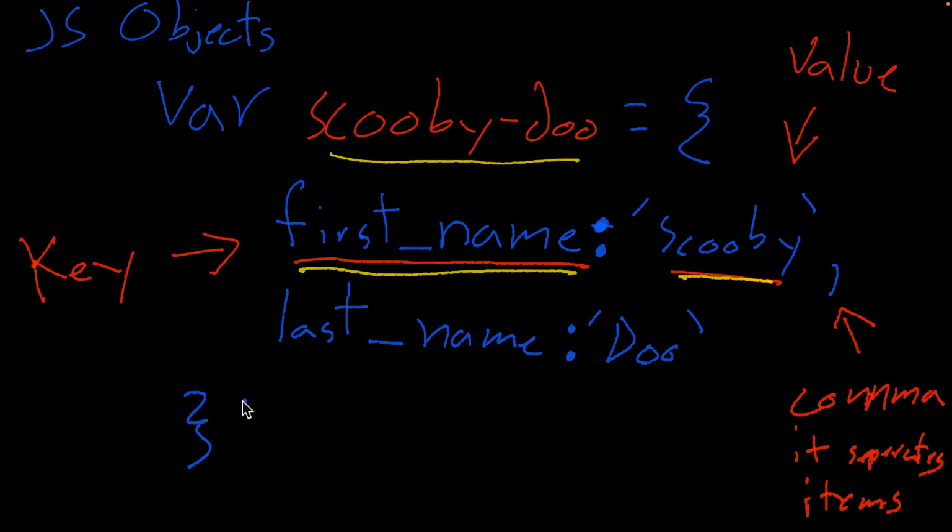After this object here, console.log. And in here, we want to access just this information, Scooby. So we want to log to the console Scooby. So we need to access Scooby-Doo's first name.